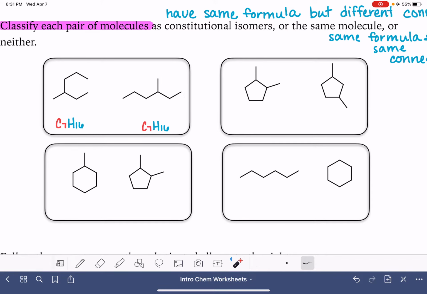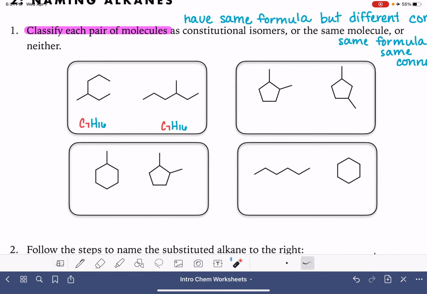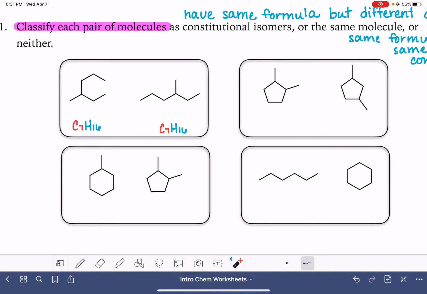Well, what we need to do now is look at the connection of the atoms in the molecule. How are the atoms connected to each other? In the first molecule, let's start with this little branch right here. And if you notice in the second molecule over here, we have a similar little branch, just one carbon atom hanging out all by itself.